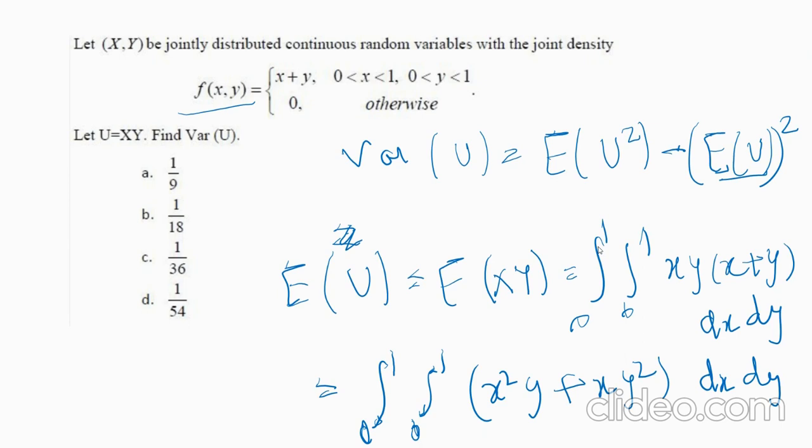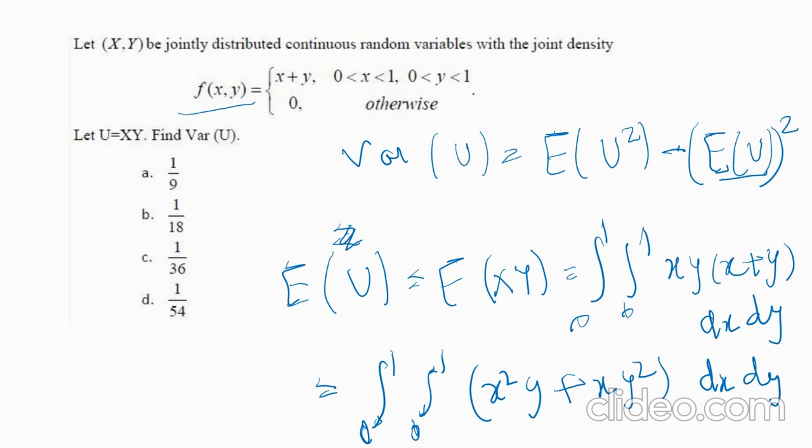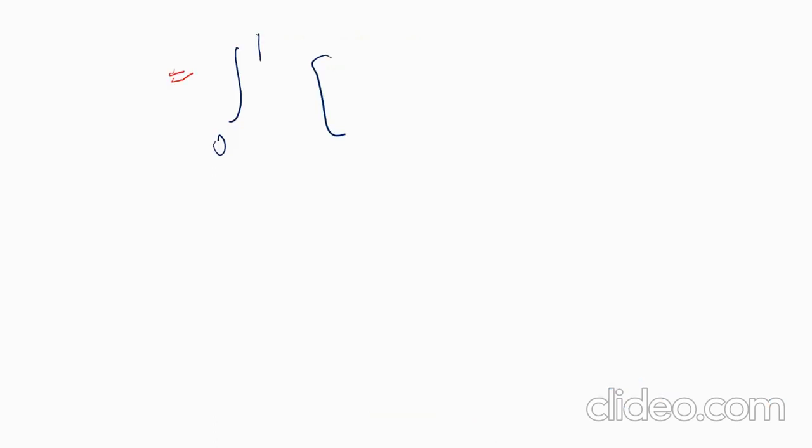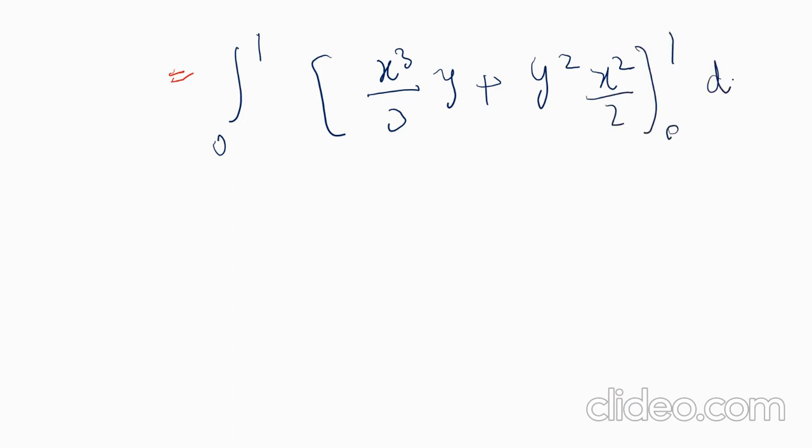We can do firstly with dx or dy, doesn't matter. Let's do it with respect to dx, so it will be 0 to 1, x cube upon 3 times y plus y square times x square upon 2, from 0 to 1, dy.